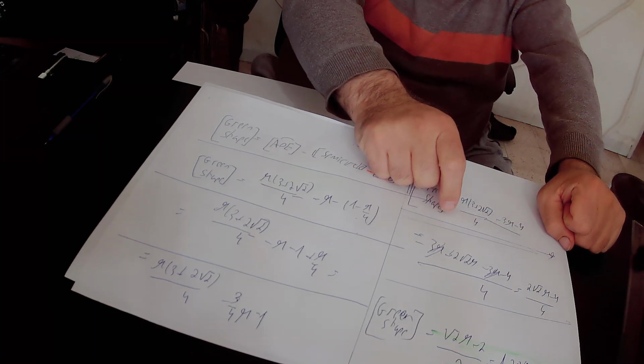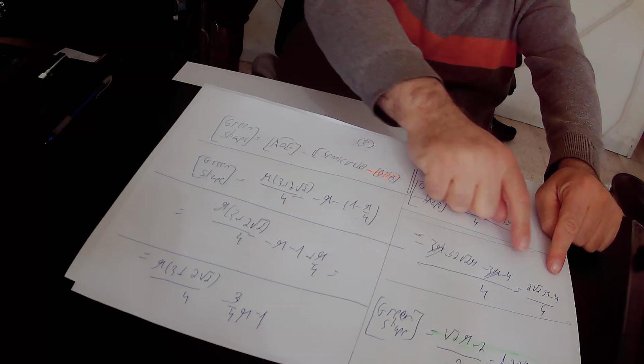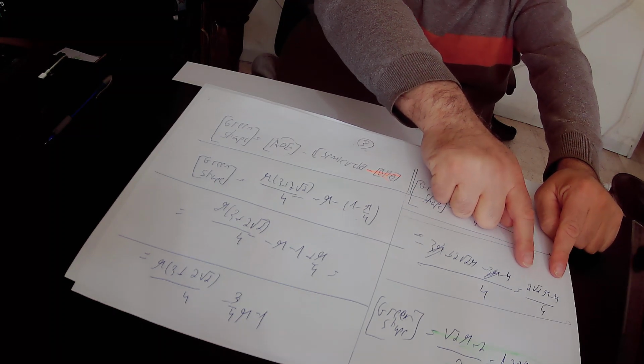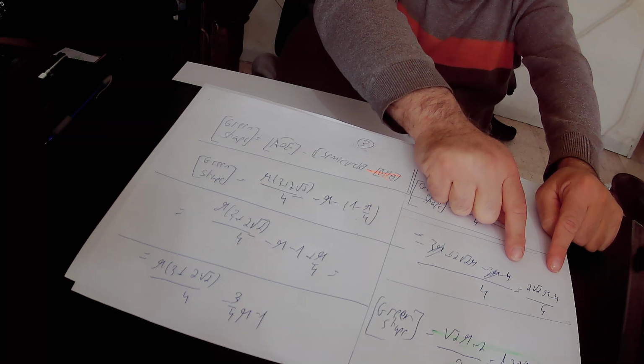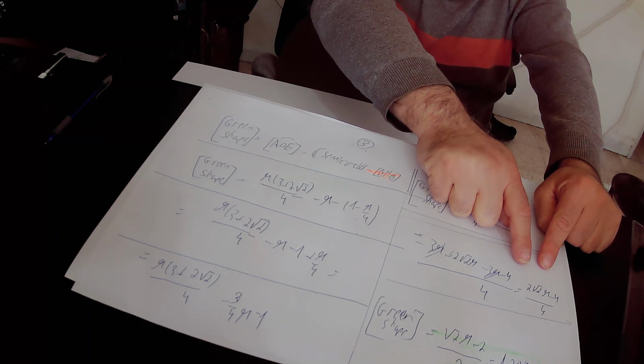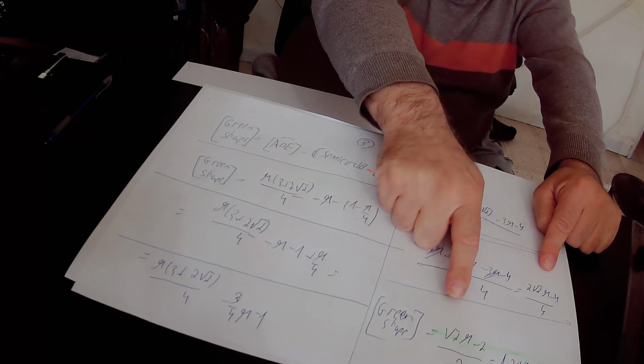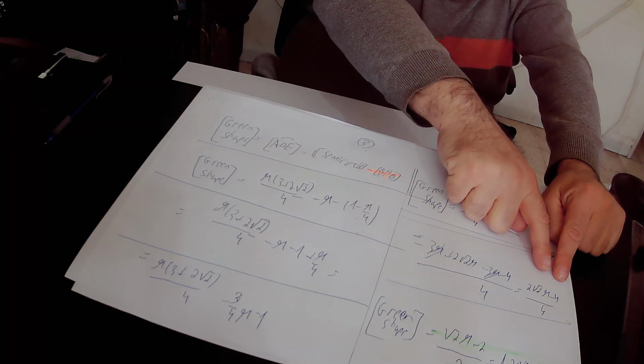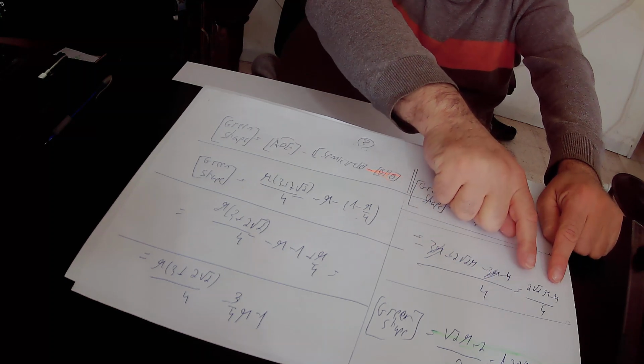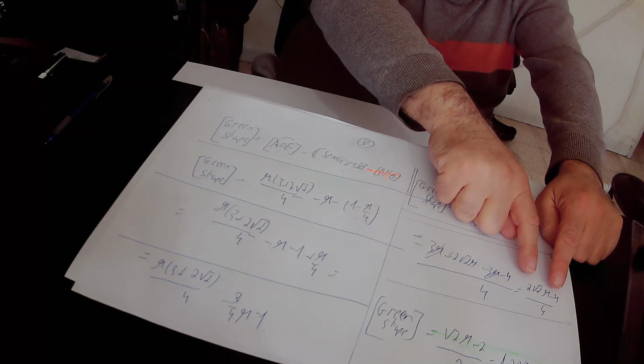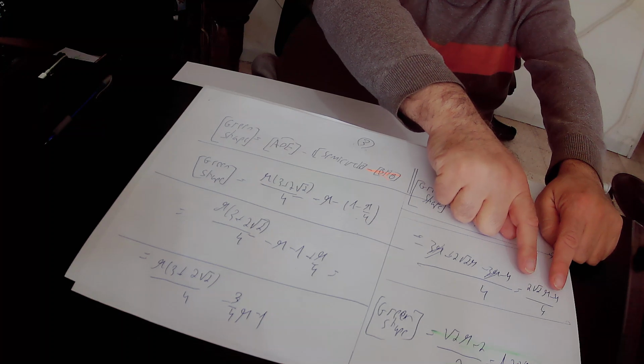So the area of the green shape in total equals, here we divided both the numerator and the denominator of this expression by 2. So 2 times root of 2 pi over 2 is root of 2 times pi, and minus 4 over 2 is minus 2, and we have to divide the denominator 4 also by 2. 4 over 2 is 2.